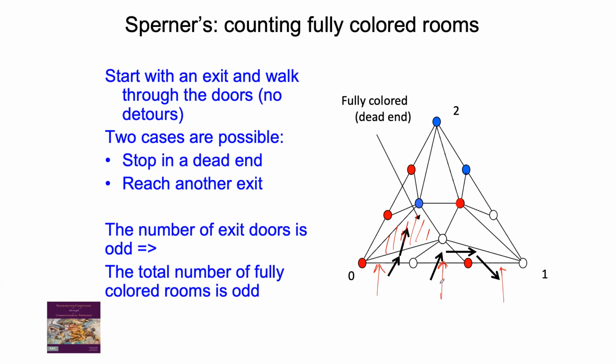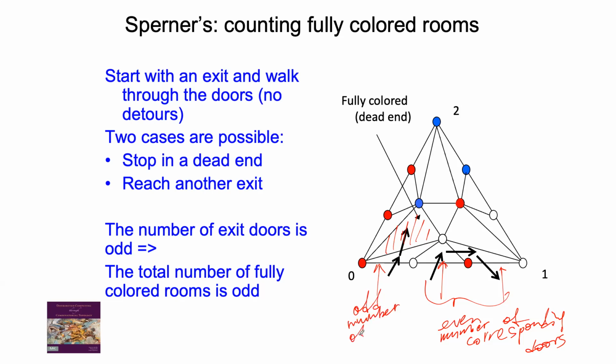So you have an even number of, I will call them corresponding doors, which correspond to each other. Doors. And then you have an odd number of doors leading to a dead end.